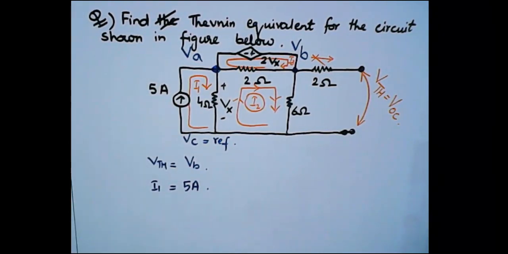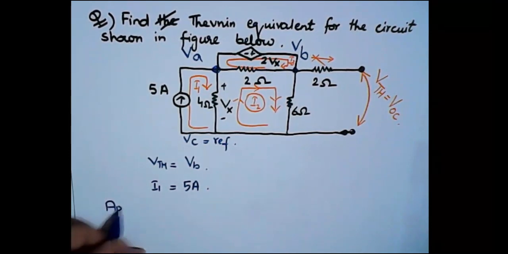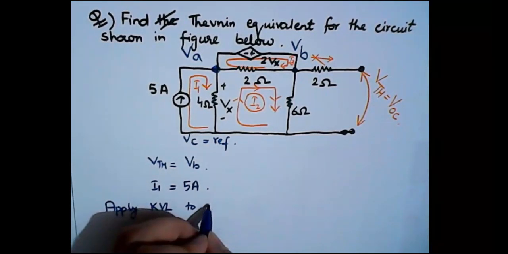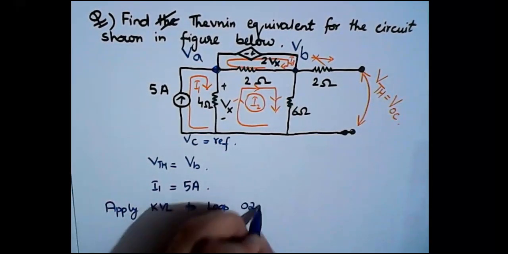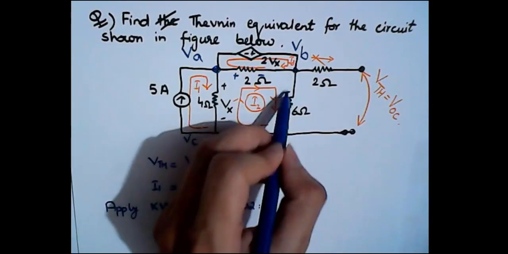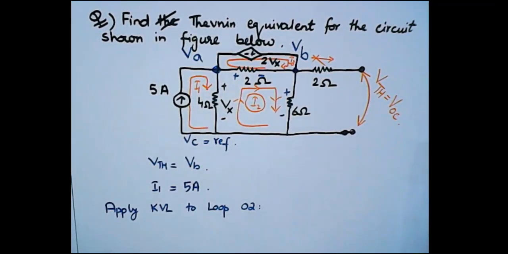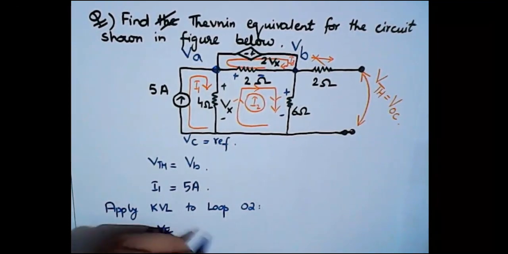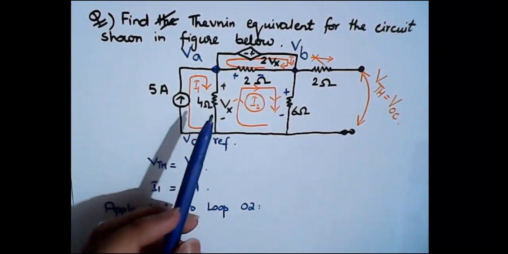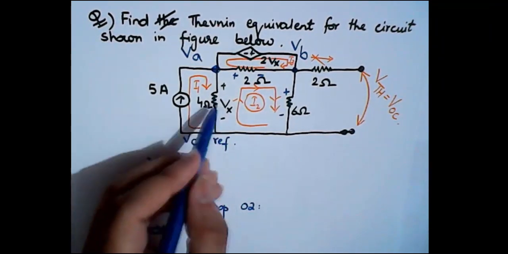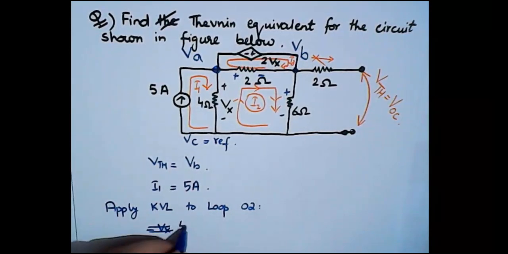Clear? And now what we need to do is apply KVL to loop number 2. We also need to assign the polarities here, plus minus and plus minus. Okay, so it will become minus Vx, right? Or we can directly convert it into product form, which is the product of resistance and current. Here the resistance is 4 ohms, right?